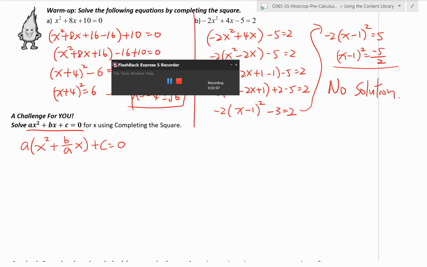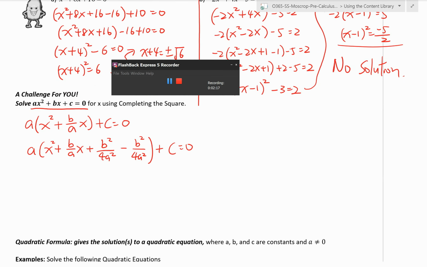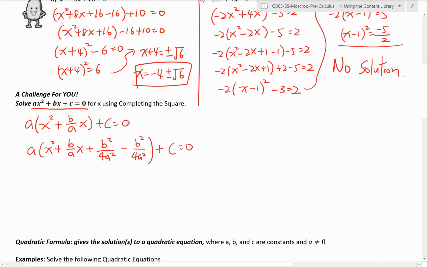Okay, so as you can see, my first step was factoring out a, the leading coefficient. So I get a times x squared plus b over a x. And then the second step: I took the coefficient in front of x, b over a, divided that by 2, and you get b over 2a.